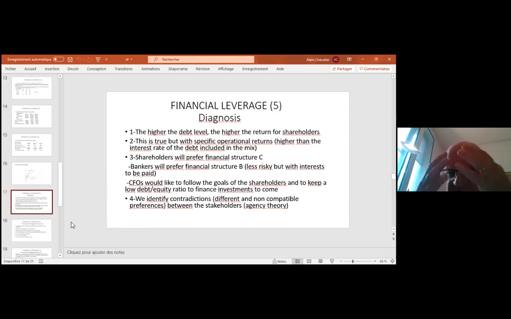On the contrary, if your operations are very risky because you have high fixed costs, and you multiply by a financial policy with high fixed costs, which is mainly debt, you will be in a very risky situation. And you can do that only if you have a good knowledge of your future income and returns.